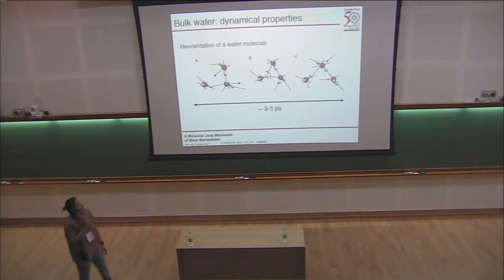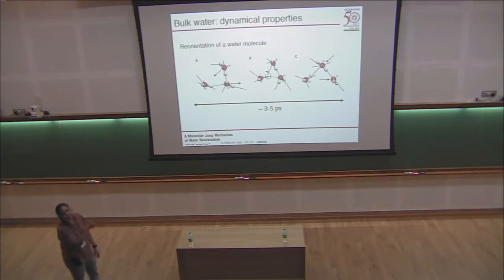So the question I'm trying to ask here is, I know what happens, Dr. Mukherjee explained the dynamical properties of how the water molecule reorients because of this formation and breaking of hydrogen bonds.